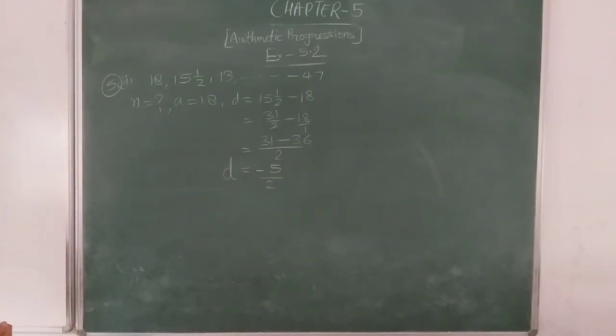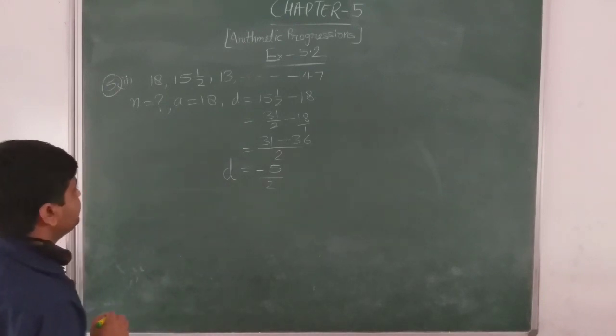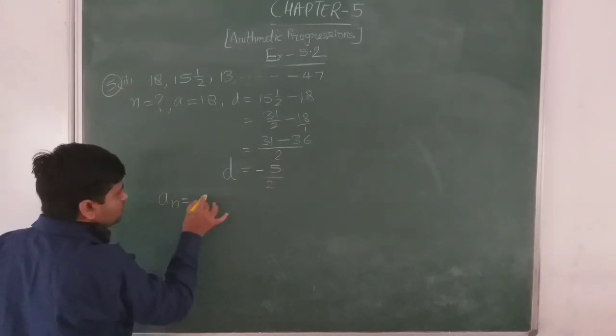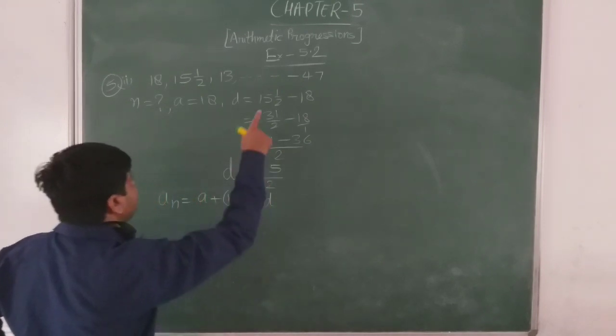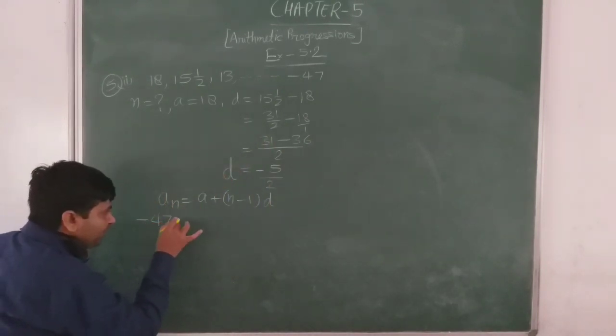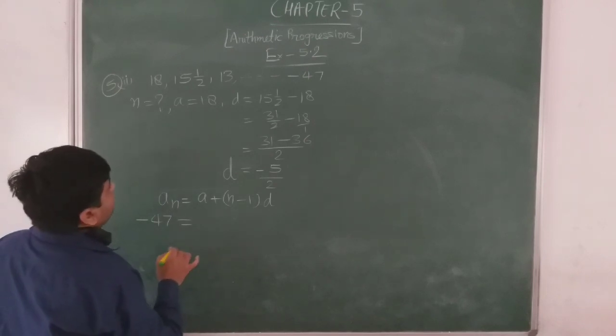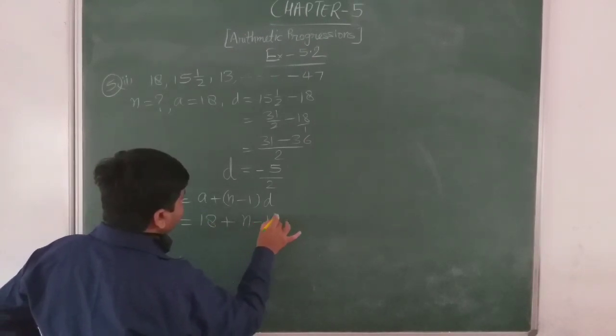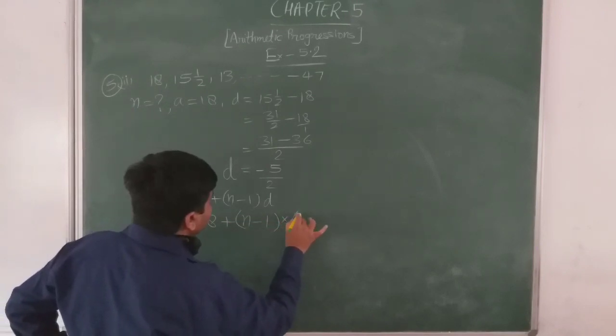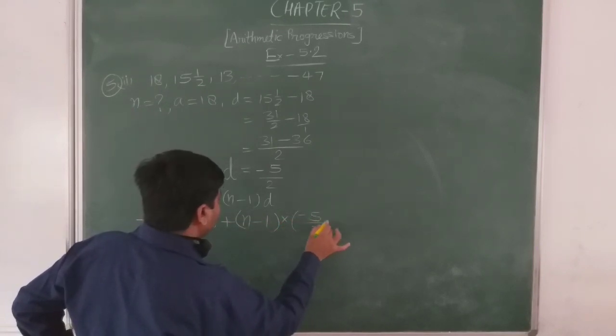Now nth term is given -47, so we are using the formula an equals to a plus n minus 1 into d. Putting the values, an is -47 equals to a, that is 18 plus n minus 1 into d, that is minus 5 upon 2. Clear?